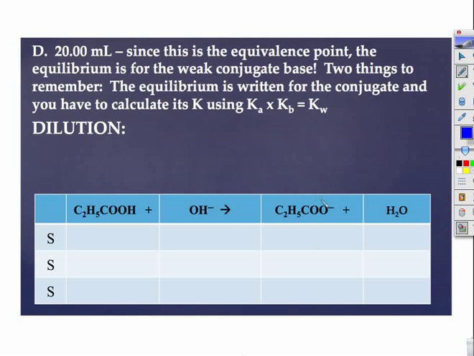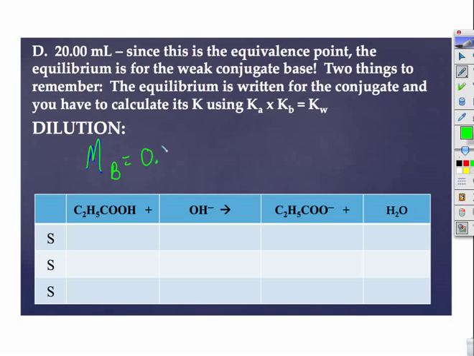Okay. Now, 20 mLs. Oh, man. This is the toughest point. All right. We have to do our dilution. I'm assuming that you can do a dilution. We've done a couple. I'm just going to write our answers down.